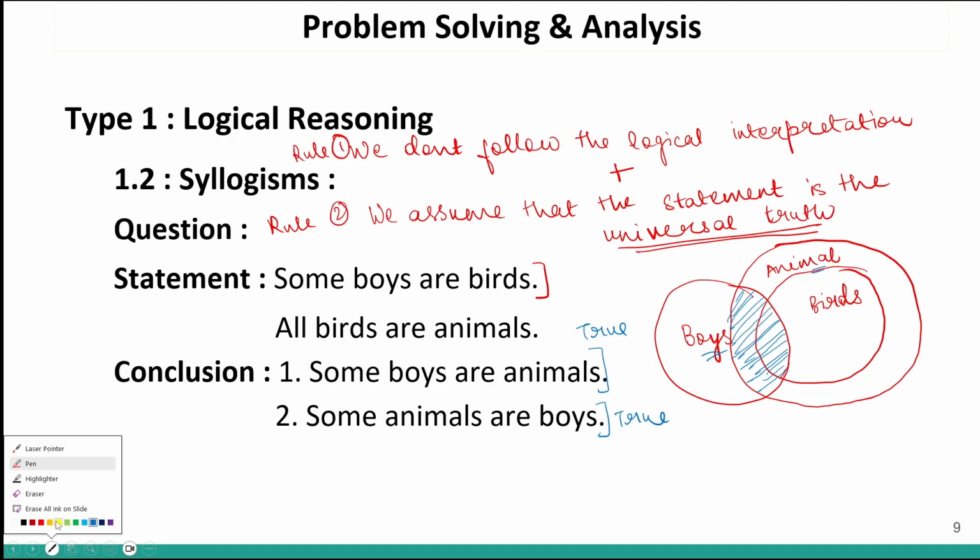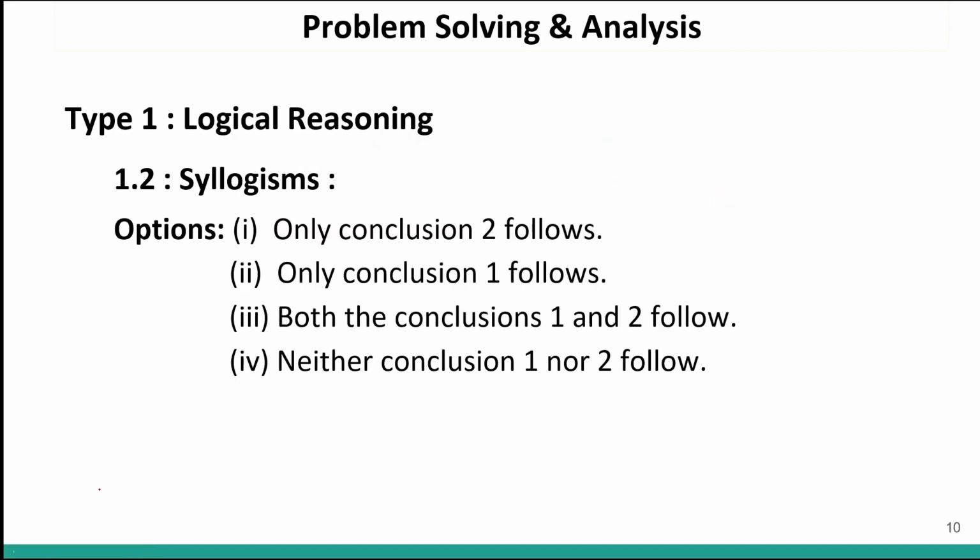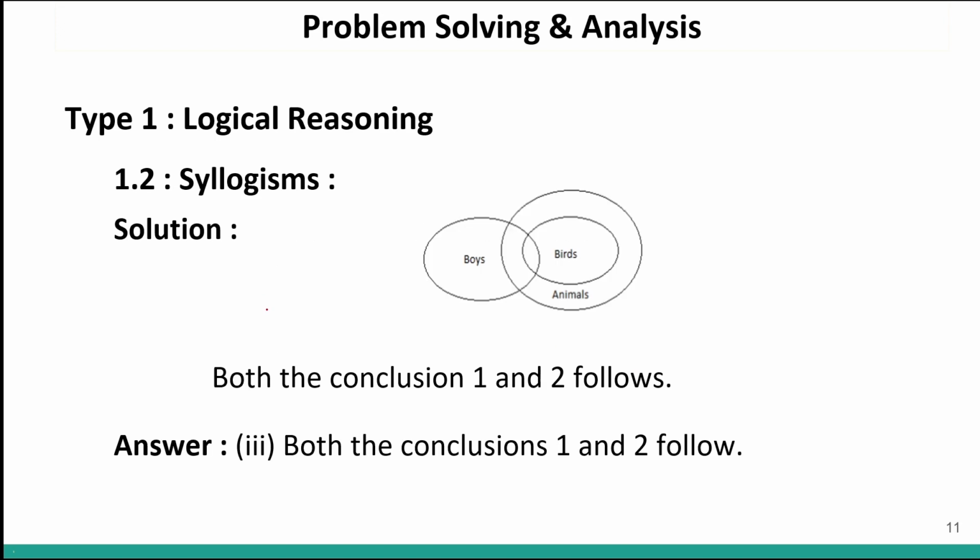So our answer will be, if you look at the options, only conclusion 2 follows, only conclusion 1 follows, both conclusions follow, and neither. So both the conclusions follow. So option number 3 will be the correct answer. This is the diagram that we draw. Venn diagram. Okay. So this was the concept of syllogisms that came in type 1 part 2 syllogisms.